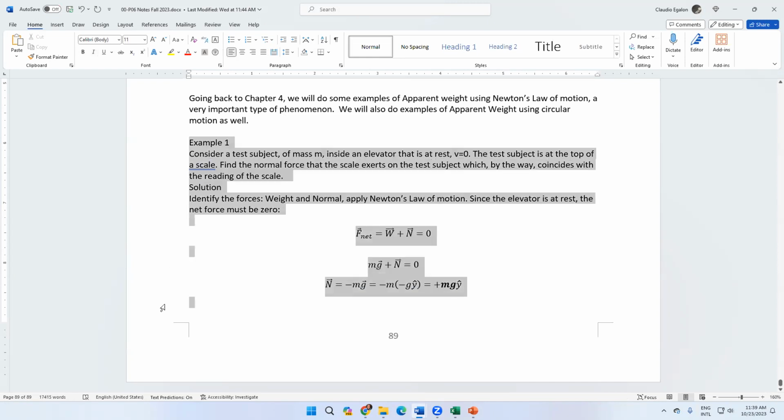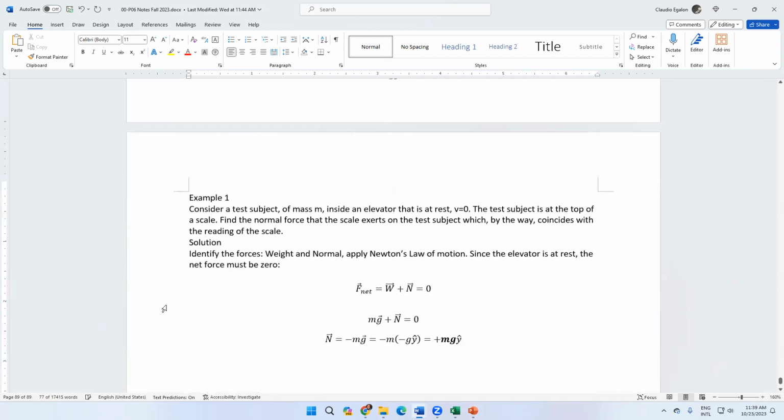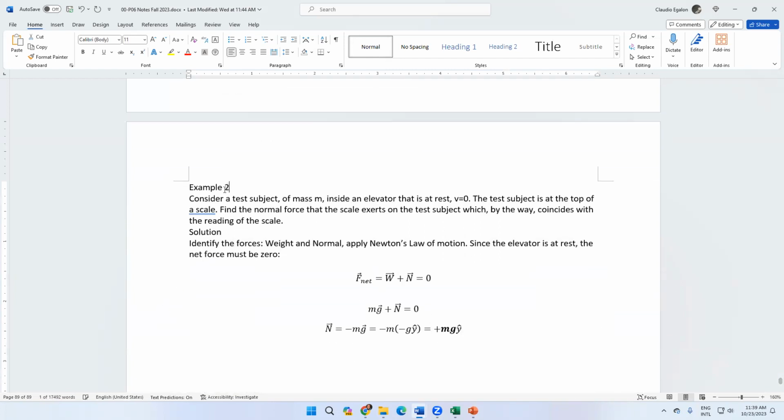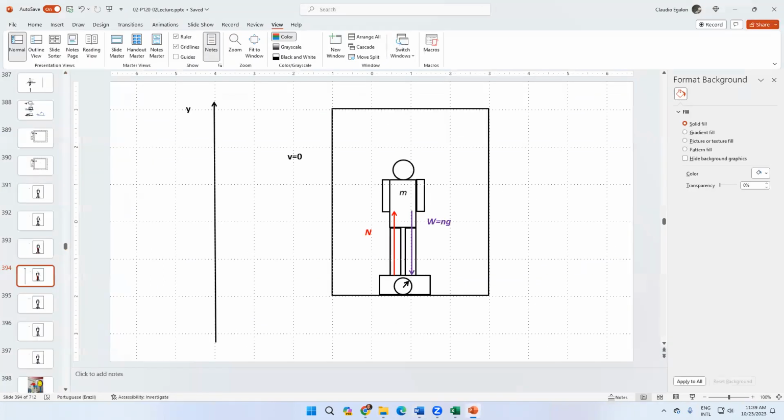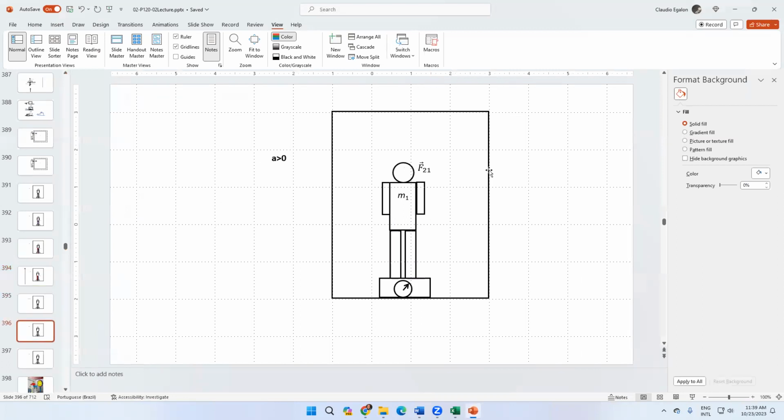And then we're going to go to the next example. Next level of difficulty for this type of problem.